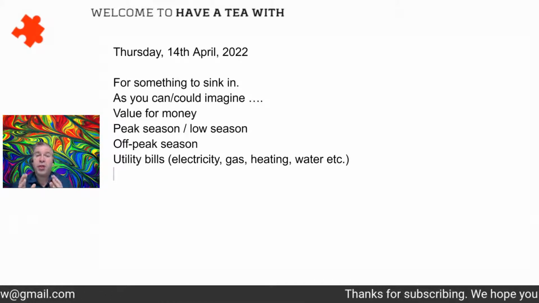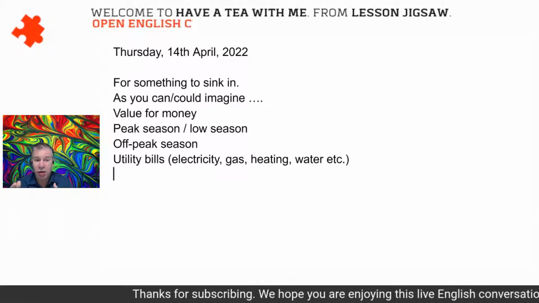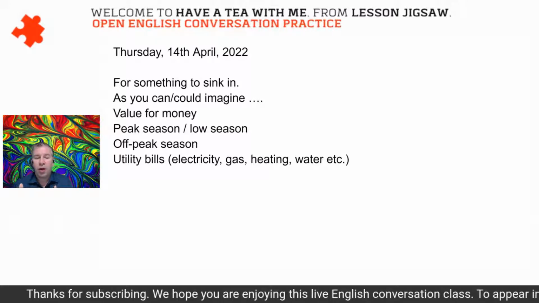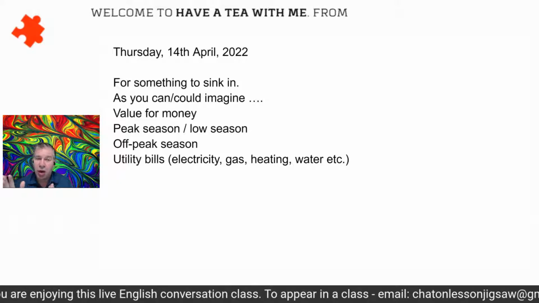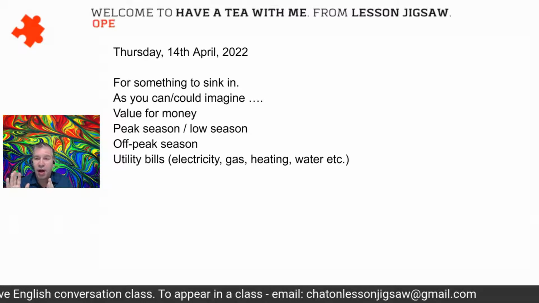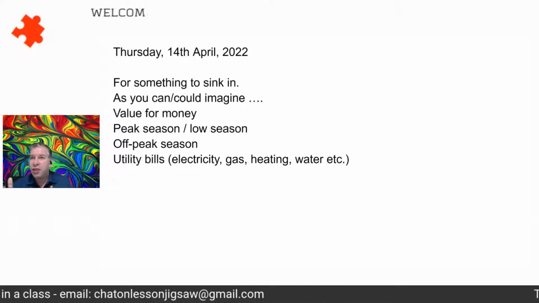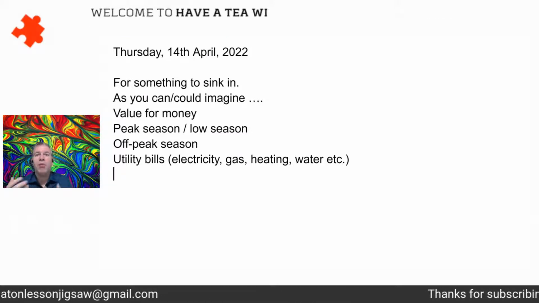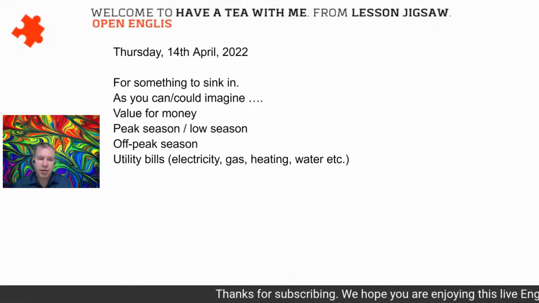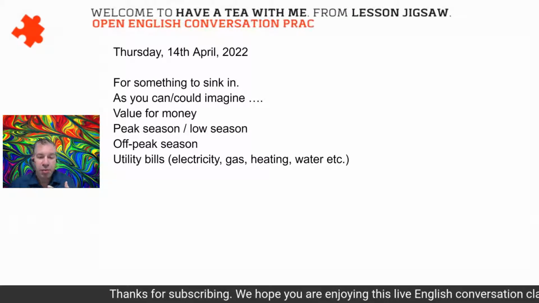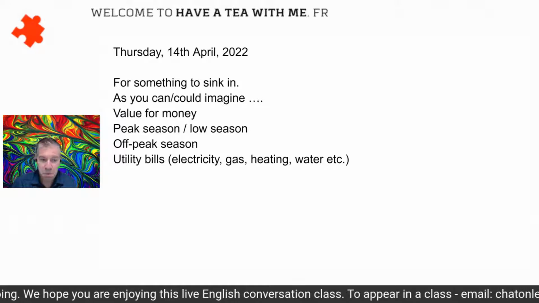And you'll have times, not necessarily times of the year, although that may be the case as well. For example, for gas and electricity, maybe the peak times are, let's say, 5 o'clock until 9 o'clock, when most people are at home. That's when the cost per unit will probably be the highest.